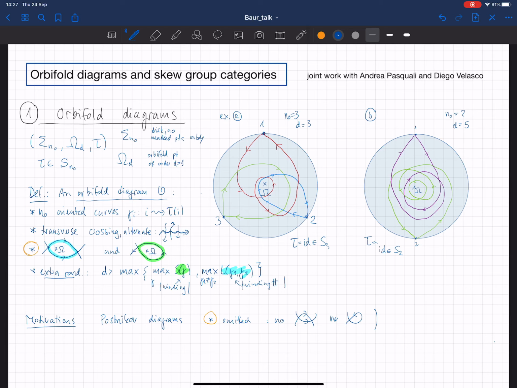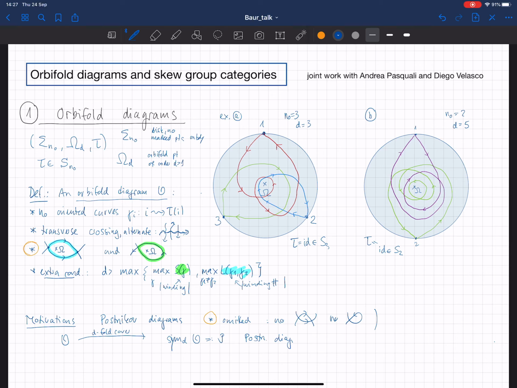Then the last condition is chosen in a way so that if I take such an orbifold diagram and I take its d-fold cover, call this result the symmetrized version of O, this is a Postnikov diagram.